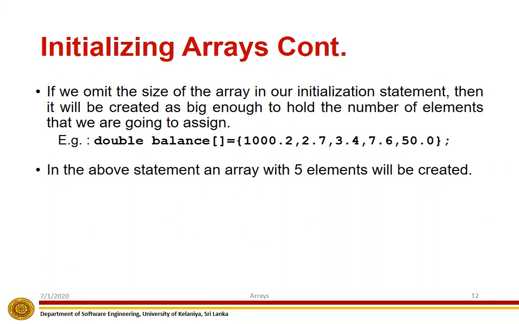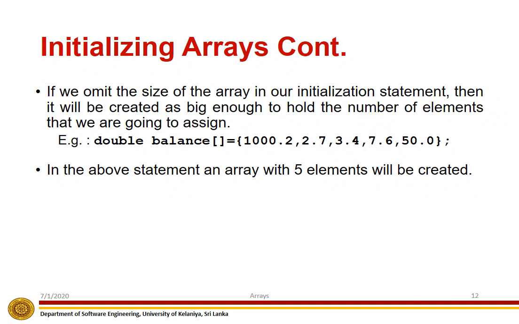If we omit the size of the array in our initialization statement, then it will be created big enough to hold the number of elements that we are going to assign. In the slide you can see the same example that we have discussed earlier. Double, the array name is balance, but inside the square brackets I didn't give any array size.